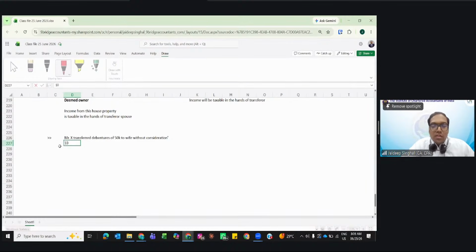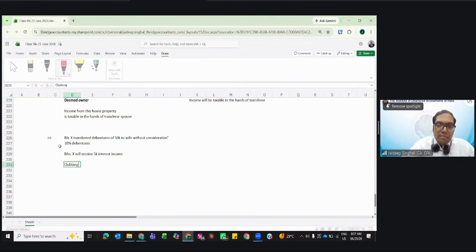No, because this is not house property. Let's suppose these are 10% debentures. Now Mrs. X will receive how much interest? 50,000 into 10%, 5K. She will receive 5K interest income.